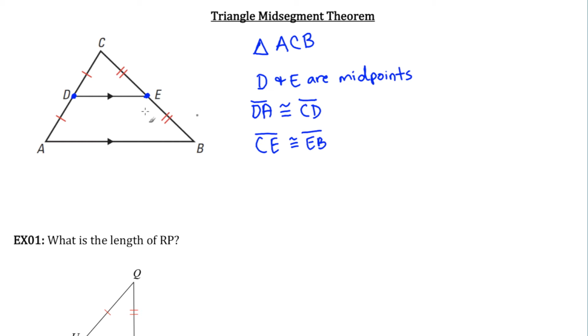Okay, and if that's the case, so if point D and point E are midpoints, that means that DE is parallel to AB.